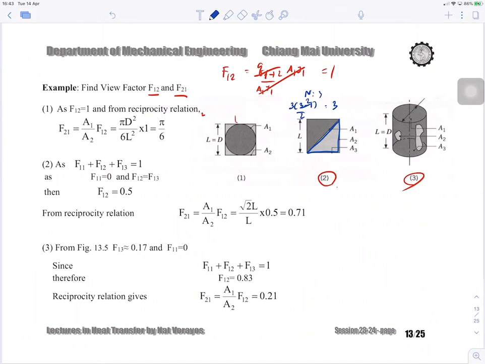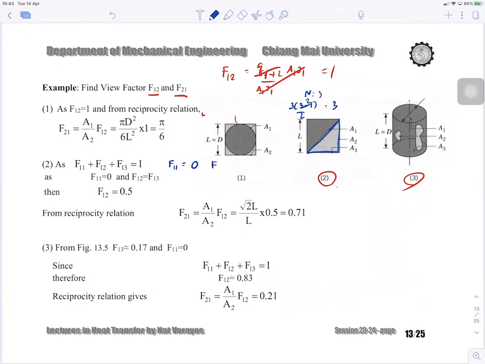Well, at first, you know that F11 is going to be equal to 0, right? Because surface 1 is flat.